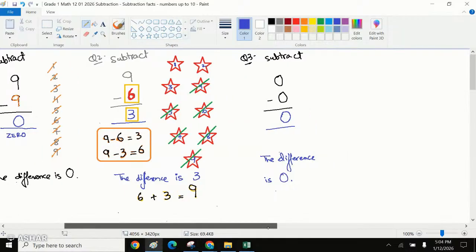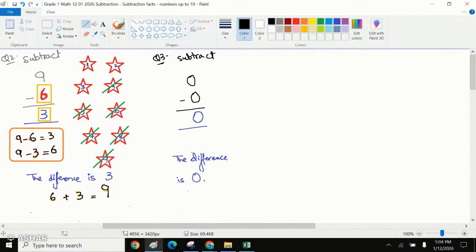Let's do these. Okay. In question number 4, the question says subtract 7 minus 0. So what should be the difference?